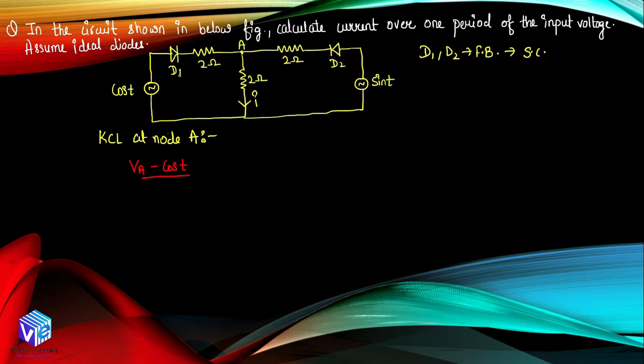Because the diode is an ideal diode, it will not be having any resistance, so it is divided just by 2. It will be added with the term VA minus sin t, again divided by 2.